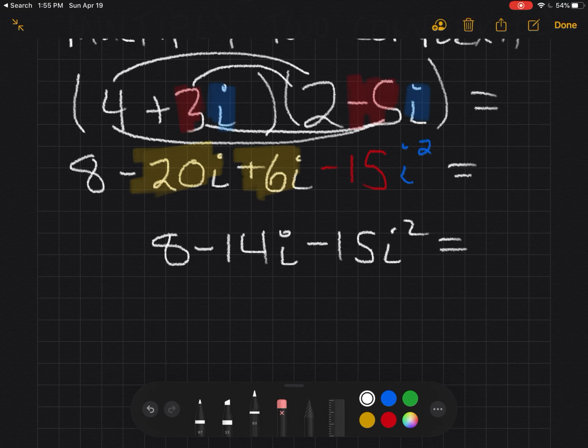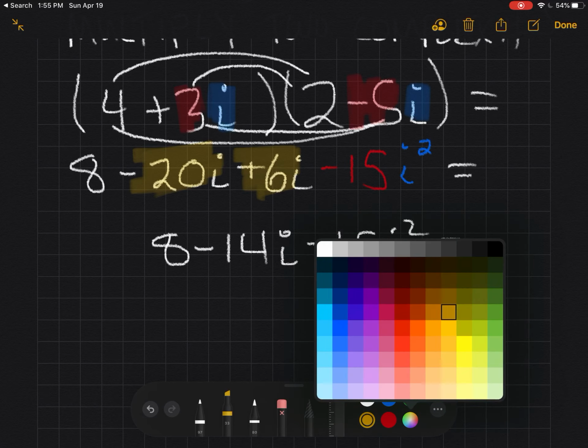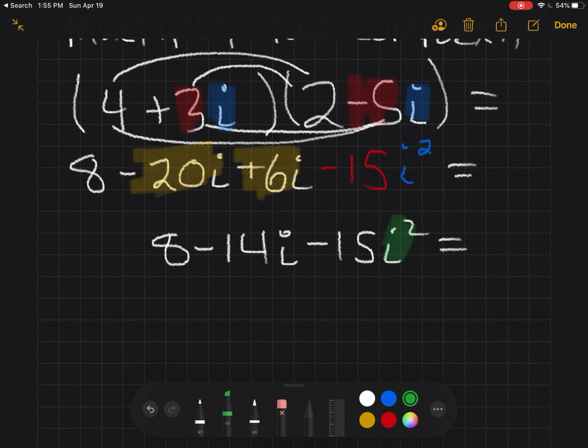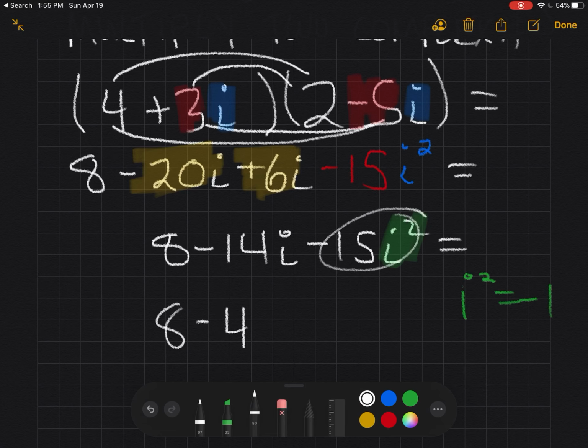So I have some like terms. Negative 20i and 6i are like terms, so I'm going to take care of those first. So then I have 8 minus 14i minus 15i squared. Now remember, we have a definition for what i squared is here.